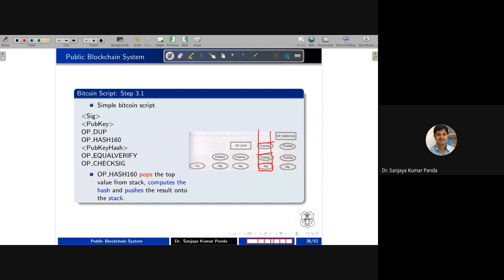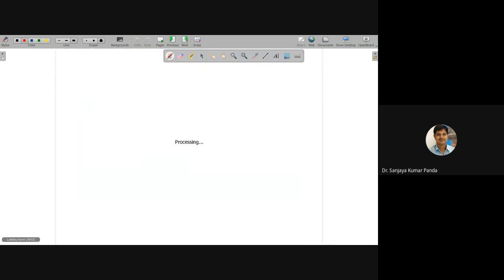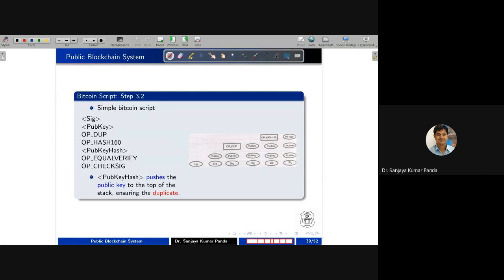It is going to compute the hash and push the result into the stack. Once it is calculated, it pushes that into the stack. So it removes the public key, it is done computation, and whatever result comes, let it be PK hash, that we call public key hash.